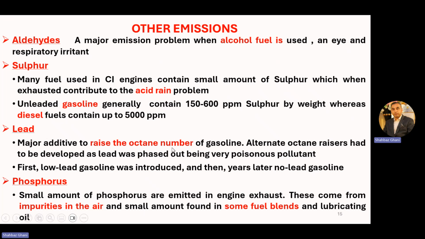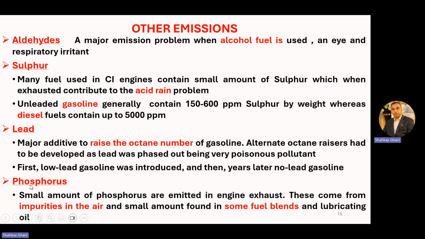Previously, we were using lead in gasoline to increase the octane number, but now due to its harmful effect on the environment and human beings, it is being phased out. First, low leaded gasoline was introduced, and then years later, no lead gasoline is used. So always use fuel with no lead.